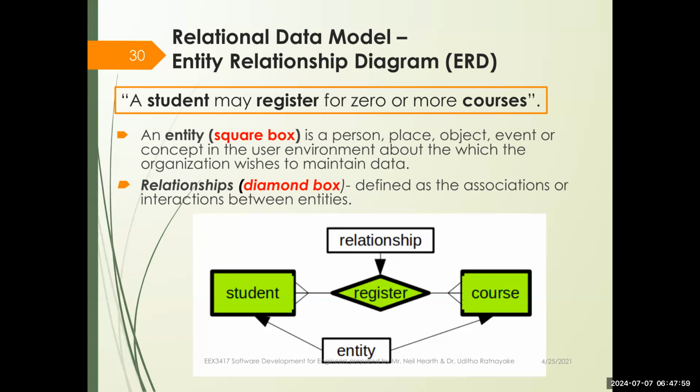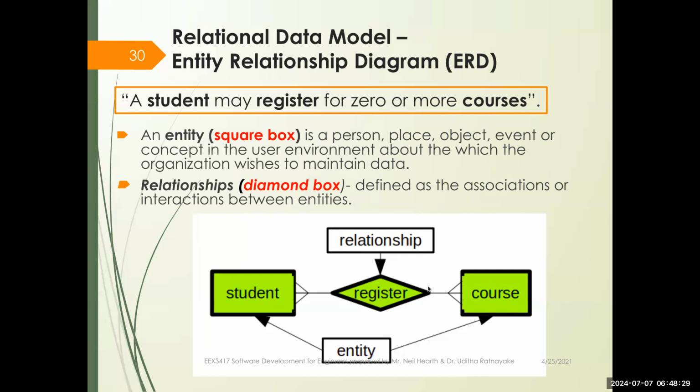The verb is register. So this verb can be written as register in the diamond box. Here you can see this is a diamond box. This is a square box. So these are entities, and this is the relationship register. So this is the ERD diagram.